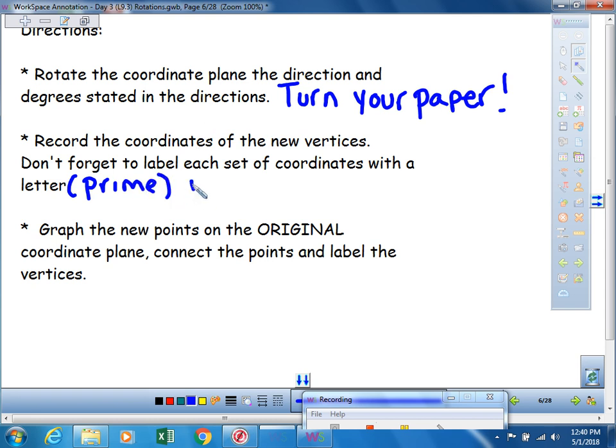And then you're going to record what quadrant you are in.